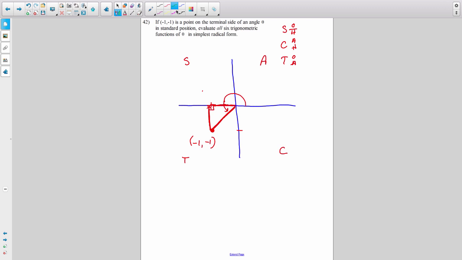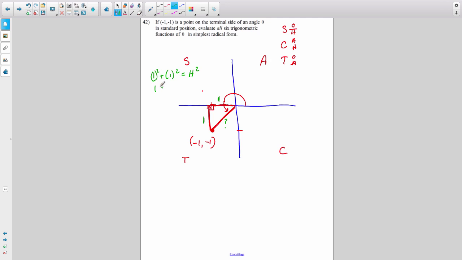We have negative 1, 1. Okay, so this side is a 1. This side is a 1. Now, what's this side? Well, let's figure it out using Pythagorean Theorem. 1 squared plus 1 squared equals our hypotenuse squared.